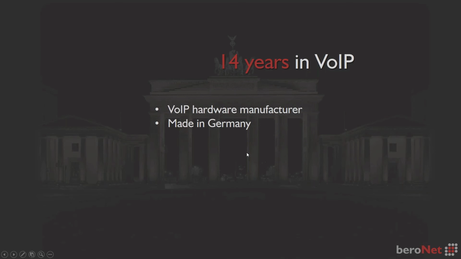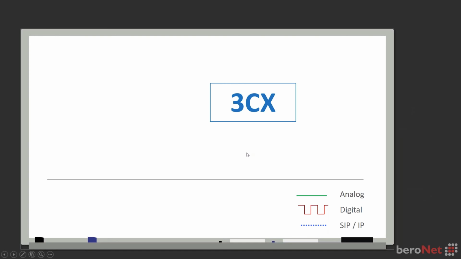And now we can jump to the point where you are here. So usually in an installation with a 3CX, you have your 3CX installed and you connect all kinds of end devices to it. So you have your 3CX to which you have SIP devices.